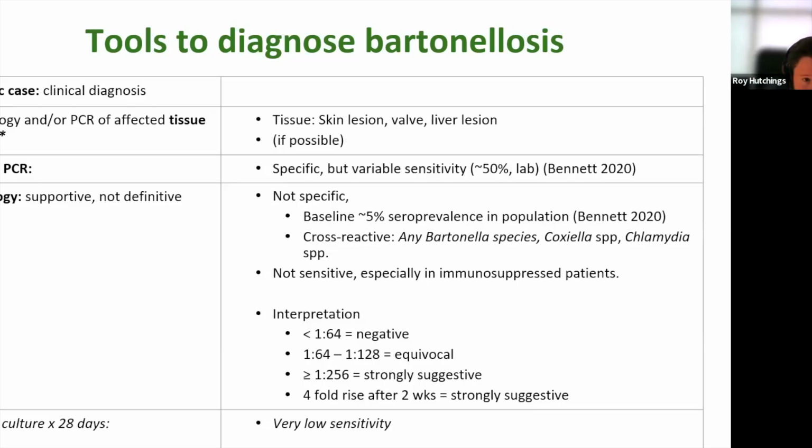Anything less than 1 in 64 is considered negative. A titer of 1 in 64 to 1 in 128 is considered equivocal. And only if it's 256 or higher do we consider it strongly suggestive, or if there's a fourfold rise in the titer if you repeat it 2 weeks later.